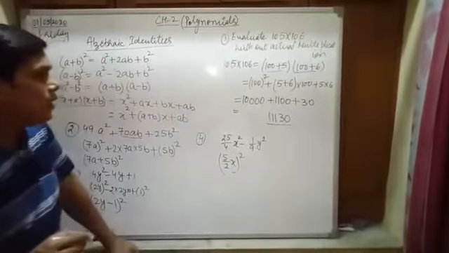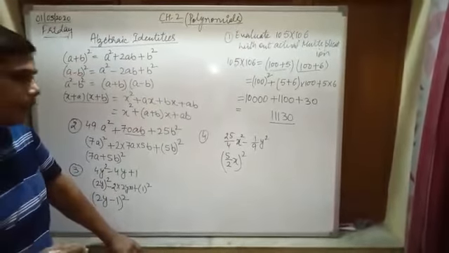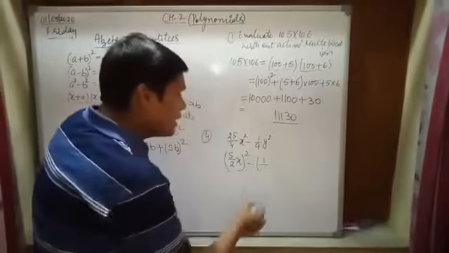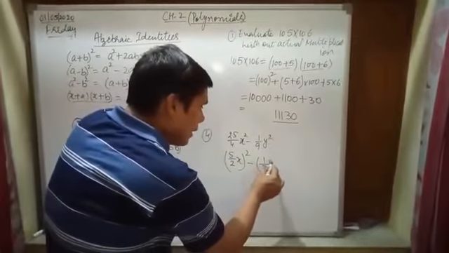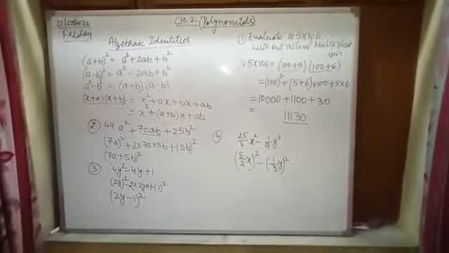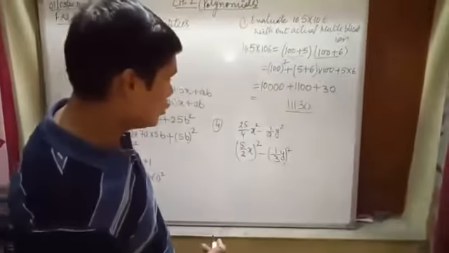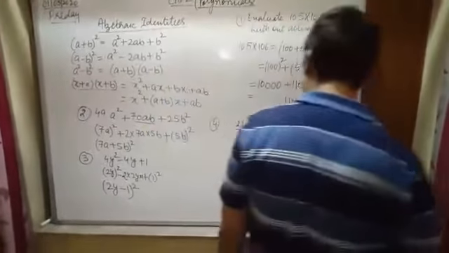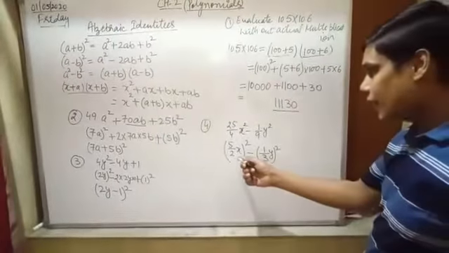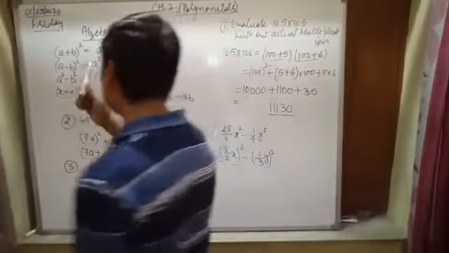So we write here (5 by 2 x) square minus, this is 1, 9 is the square of 3 and this is 1. So it can be rewritten as (5 by 2 x) square minus (1 by 3 y) square. This is a square minus b square.